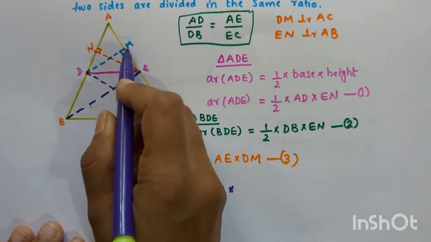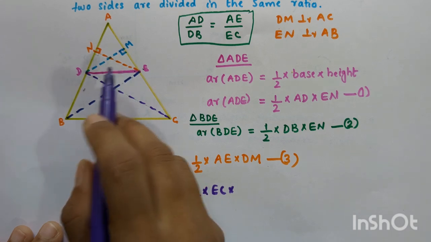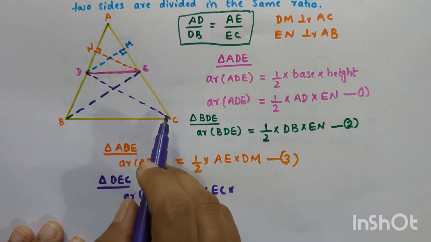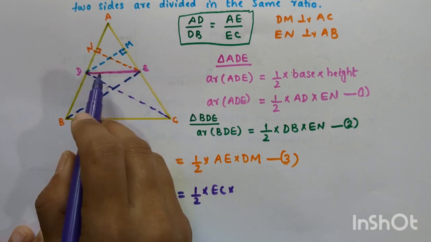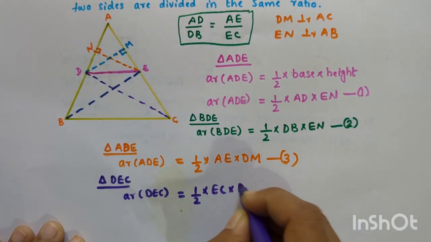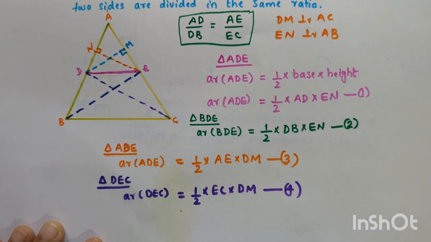You see DM, which is the line perpendicular to the base. Height is the line which is perpendicular to the base. So we have considered EC as the base of this triangle DEC, and the line perpendicular to the base is DM. So EC into DM. I am taking this as equation number 4.